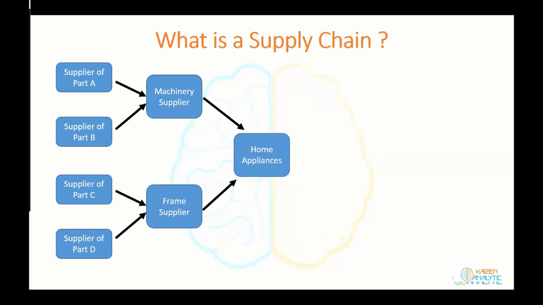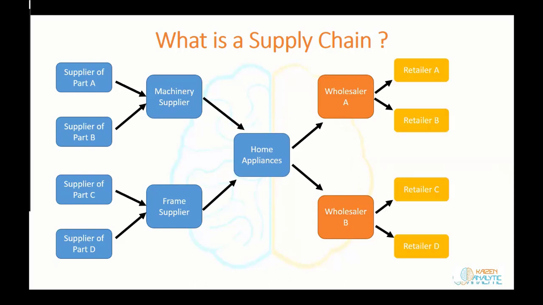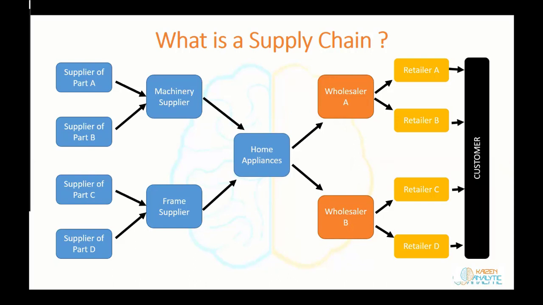Once that item has reached your warehouse for ultimate assembly, and even once it is assembled, you need the supply chain to move that product forward. So it can be moved forward to a wholesaler or distributor, which can further push that item to the retailer, and the ultimate goal is to fulfill the requirement of the customer, the consumer.